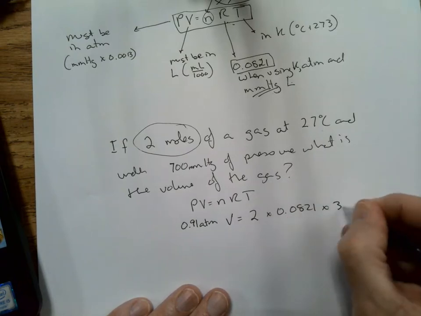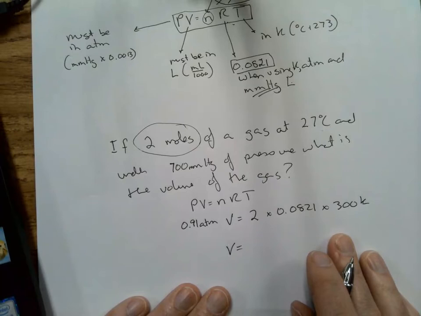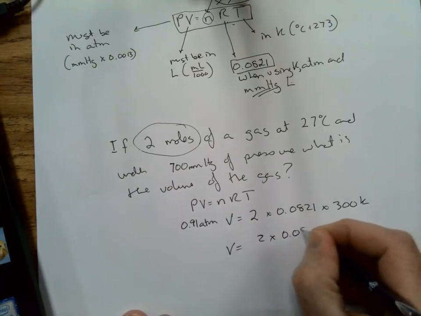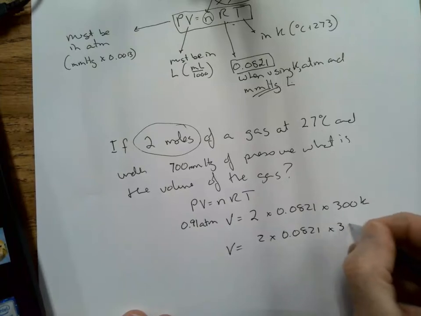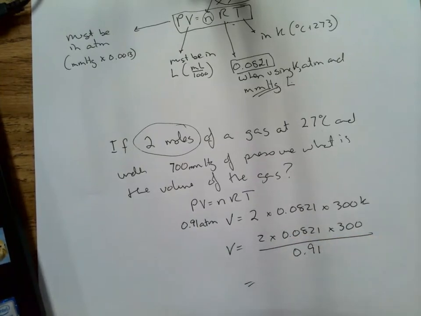So when we do that, we will get 300 K. We need to rearrange the formula, so it's going to be 2 times 0.0821 times 300 divided by 0.91. So I'm going to go ahead and figure this out.